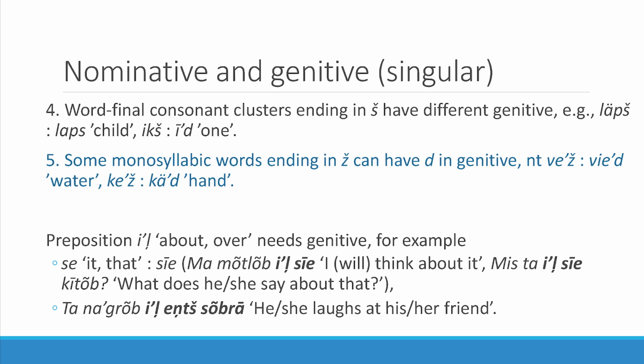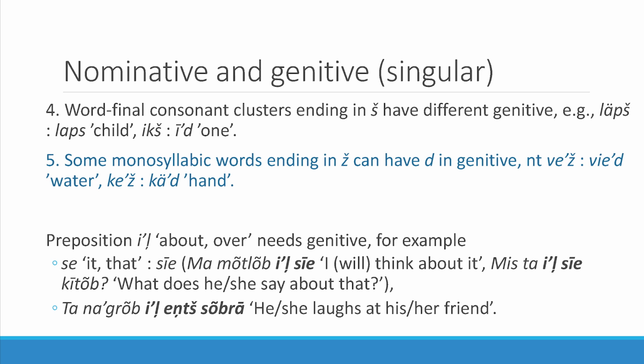And there is one example or a few examples when you definitely need to use genitive. It's this preposition il. So it's about or over that definitely needs genitive. So for example, I will think about it. So ma mõtleb il siia.